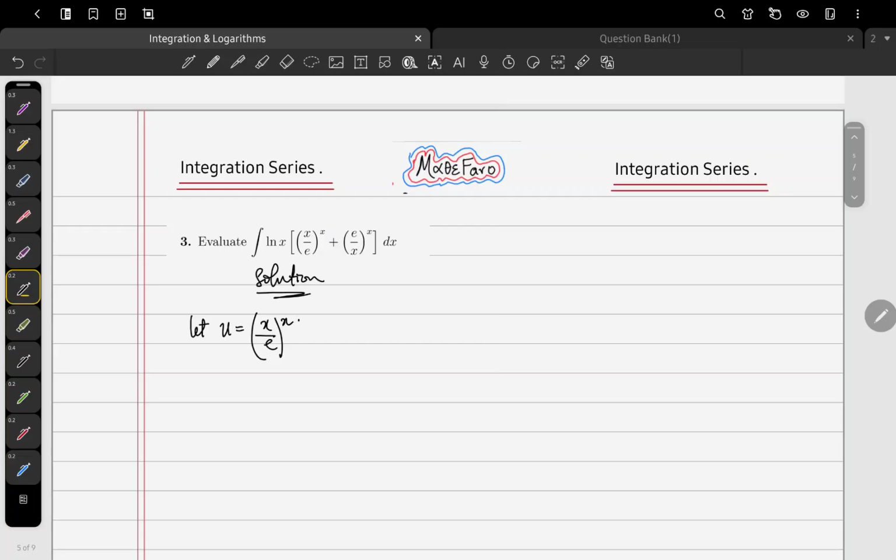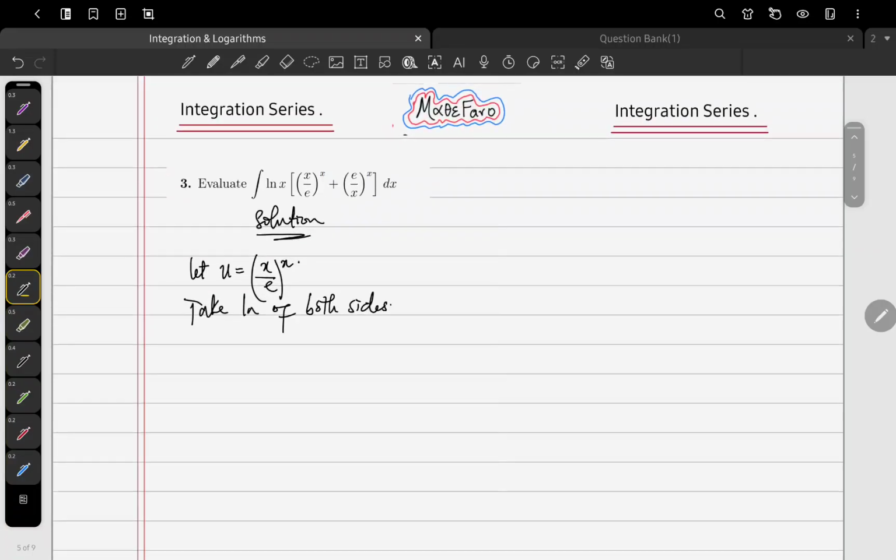After getting u, the next thing is to take the derivative. So how do we find the derivative of this? Anytime we have a function that has the exponent to be a function of x, the usual trick is to take logarithm of both sides. So to find the dy dx here, we take logarithm of both sides. Of course, the natural logarithm.